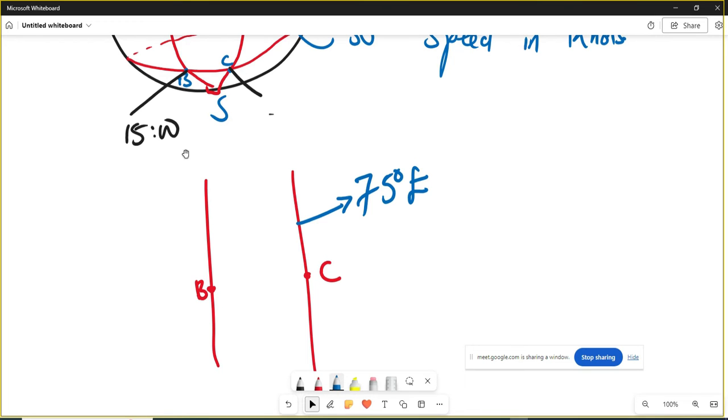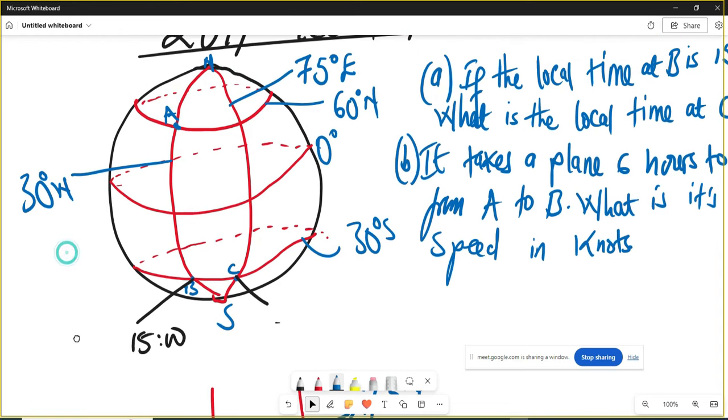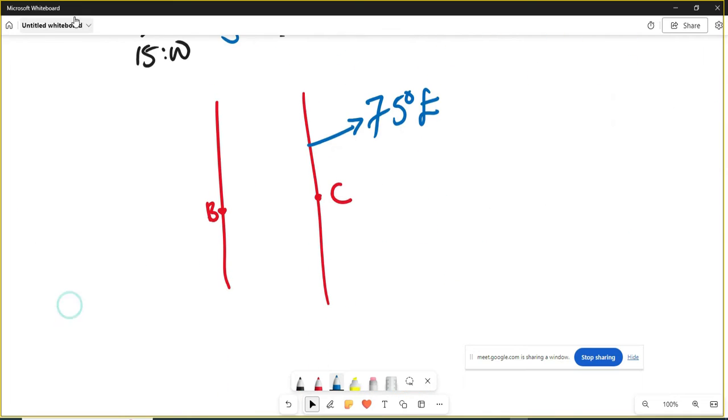Then the longitude for B, if we go up here, is 30 degrees west. Sorry, I wanted to write east. Let me just write west. Like that.